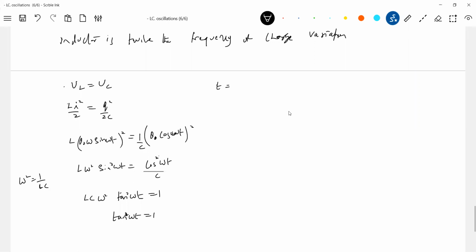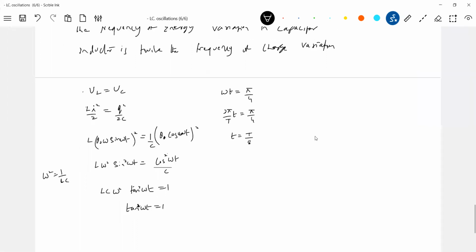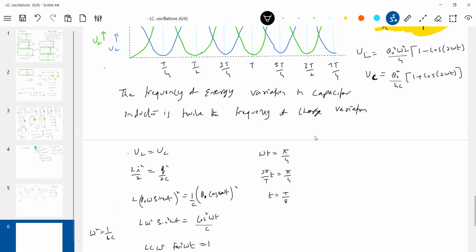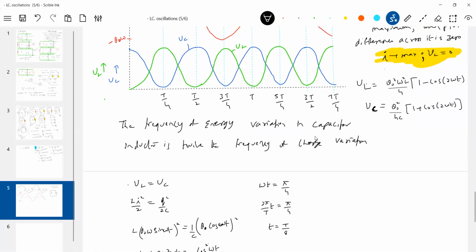Omega t should be equal to pi by 4, where omega is 2 pi by T. Now take help of trigonometry. Is it only T by 8? From t equals 0, at t equal to T by 8 it will occur. Then again 3T by 8, 5T by 8, 7T by 8.